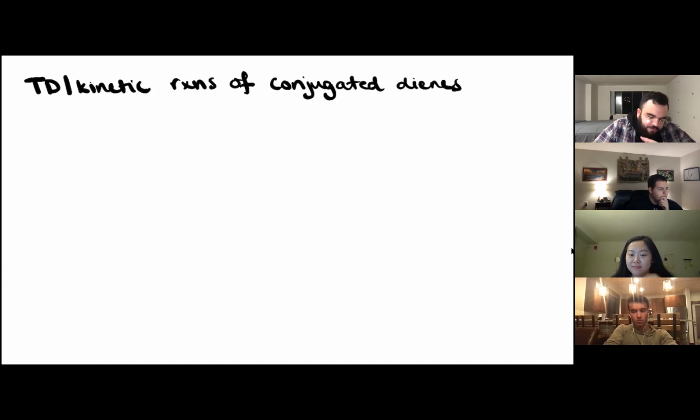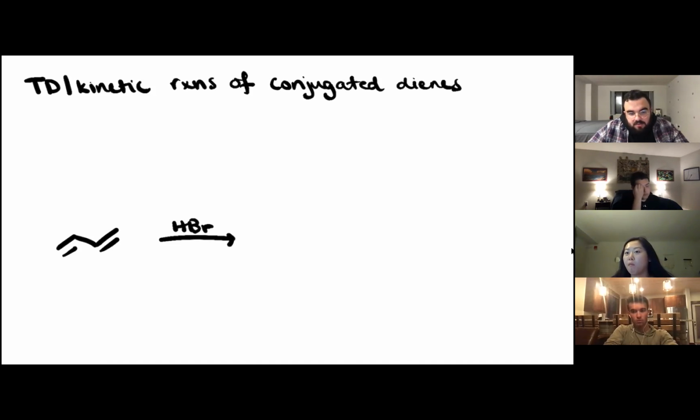Okay, so let's say I have 1,3-butadiene here, and I want to react it with HBr. First of all, when you're reacting with things like HBr, it's always really important to specify how much you're using. Do you want to use excess or only one equivalent? For this, I'm going to be working with one equivalent of HBr.